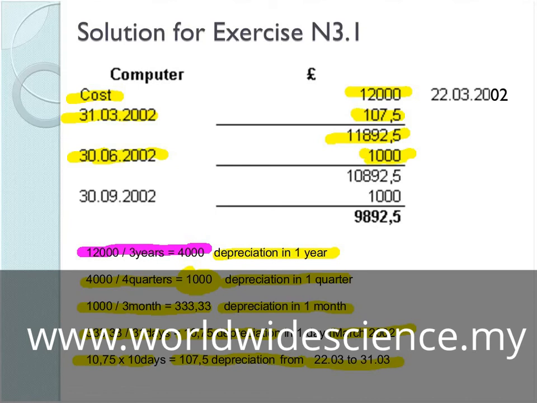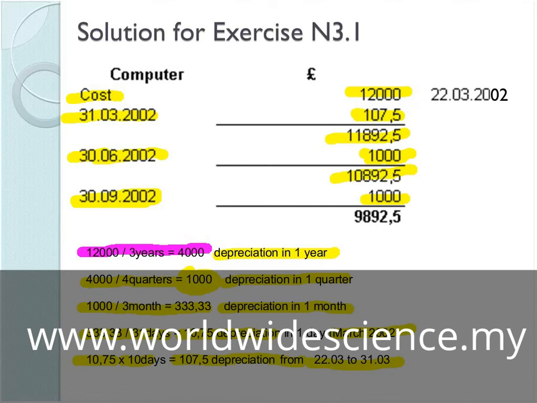The next one, we have another quarter which ends on the 30th of September. Same thing. Between June and September we have 3 months, which is equal to 1 quarter, and we must deduct 1,000 from the balance we got after the previous quarter's depreciation, which is equal to 10,892.5, right?